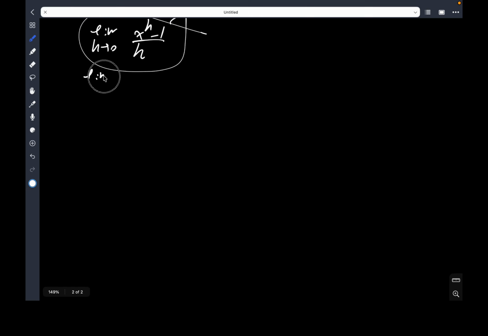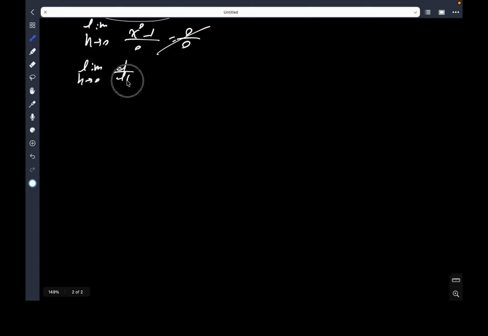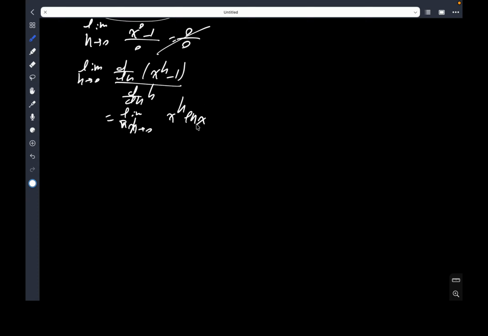So the limit as h approaches 0 is going to be x to the 0 minus 1 over 0, which is 0 over 0. This is indeterminate form. Thus we can use L'Hopital's rule, which is going to be d/dh of x to the h minus 1 over d/dh of h, which is going to result in the limit as h approaches 0 of x to the h ln x.